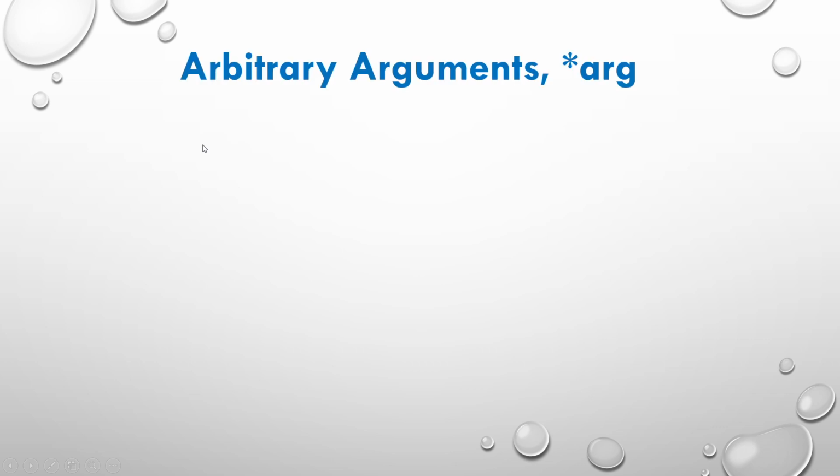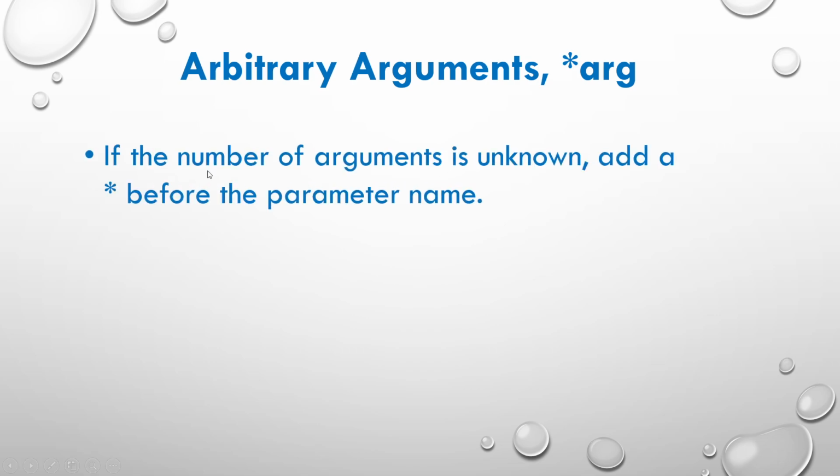Okay, we are going to now look at arbitrary arguments. So what do we mean by arbitrary argument? Take for instance, you do not know how many arguments will be passed into your function. What you do at that point is add an asterisk, like we added here, before the parameter name.